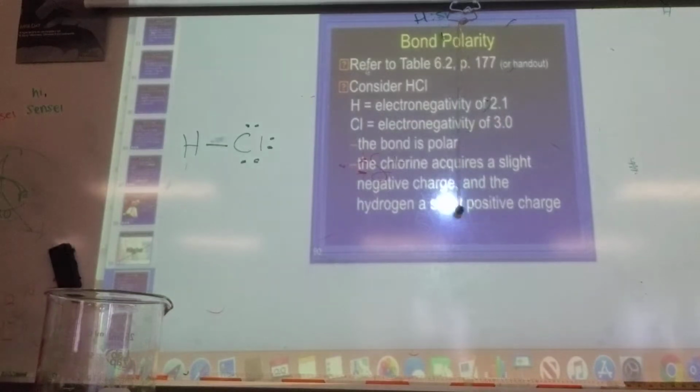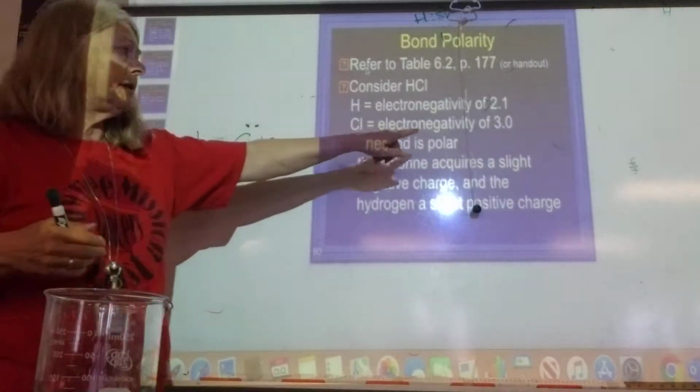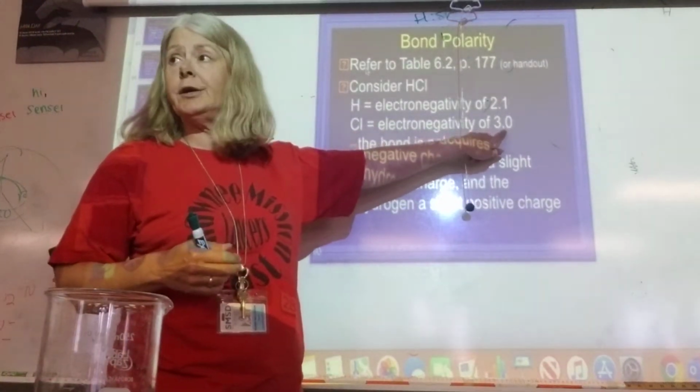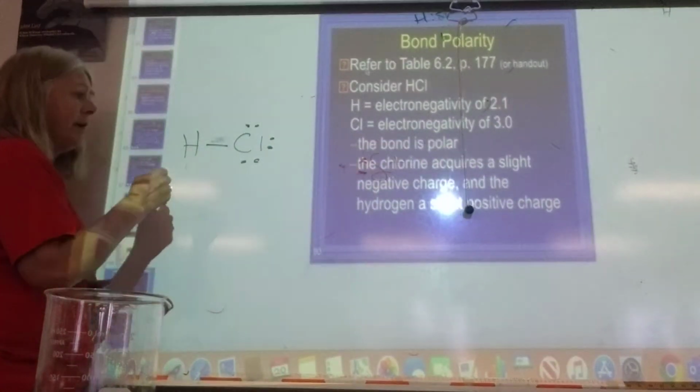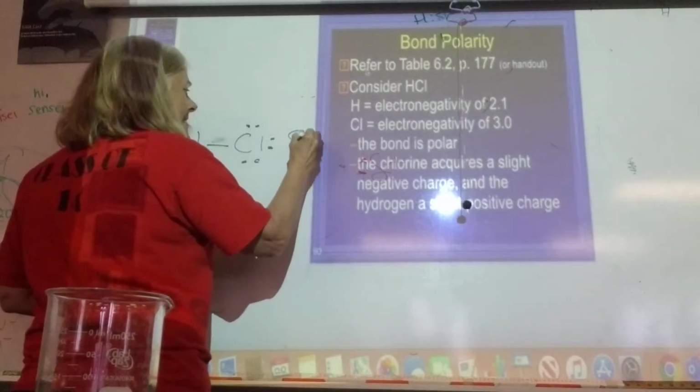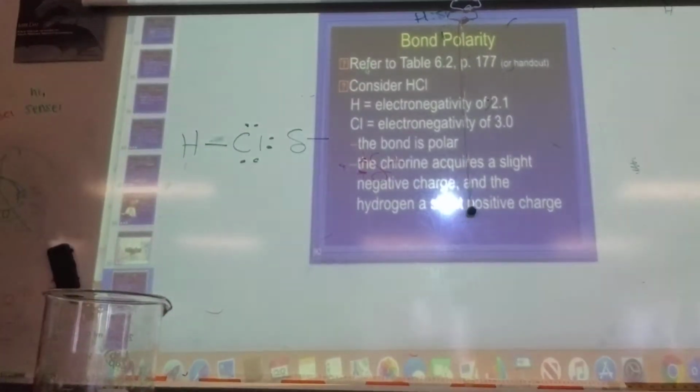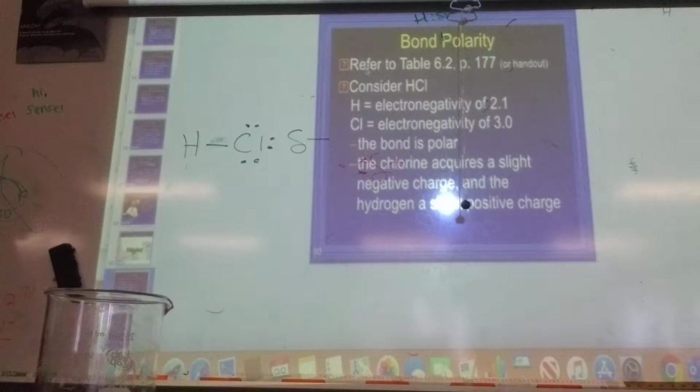Now, which of those two elements, based on those two electronegativities, is going to pull this shared pair of electrons closer? Chlorine. It's got a much larger attraction. And we'll learn about this in one of the next slides. That's going to give this a partially negative charge.